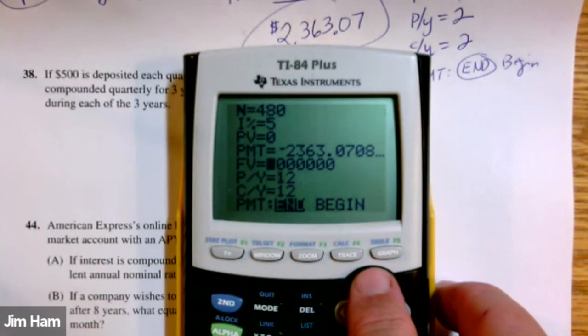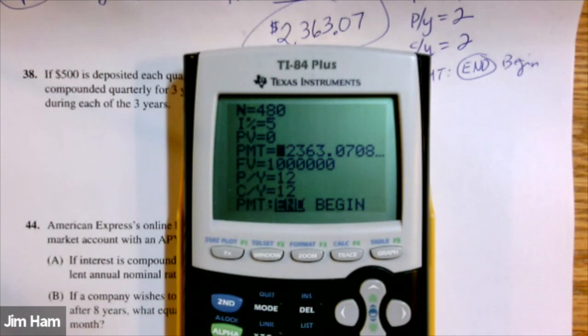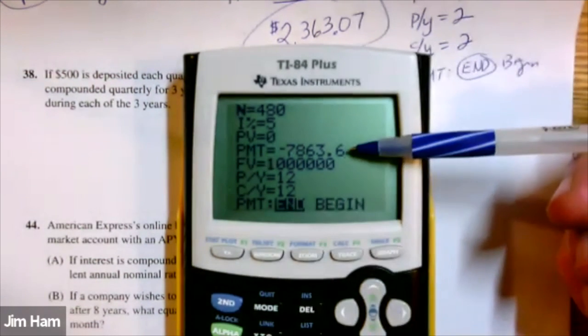So the longer you invest, the more that you've accumulated turns out to be interest and not your own money. So if we calculate this payment, it's $655 a month. And if you multiply that by 12, this is how much you'd have to invest each year.